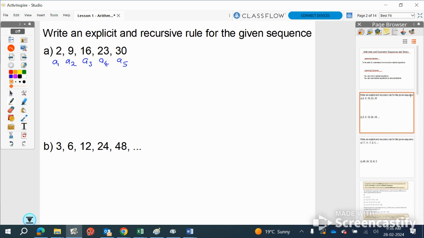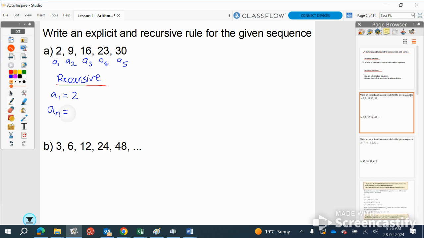So in order to do an explicit one or a recursive one, let's do the recursive one first. A recursive definition needs 2 pieces to it at least. So you need to define what the first term in the sequence is. A1 is equal to 2. Recursively, you then show what the rule is.